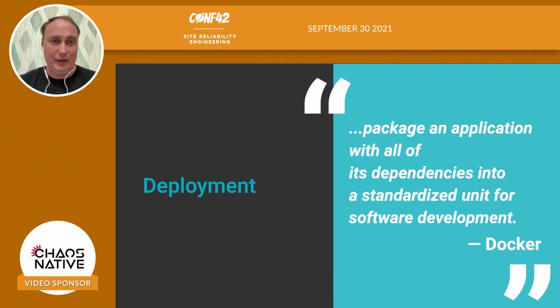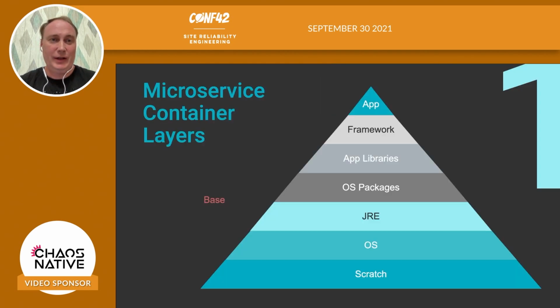Anyway, they're helpful. And inside the containers that we produce, we typically see layers starting from scratch and then having some OS. In the case of the Java world, of course, some runtime. And to run that JVM, we need some OS packages. And we may also need some OS packages to run the application itself. Maybe we have some native dependencies.